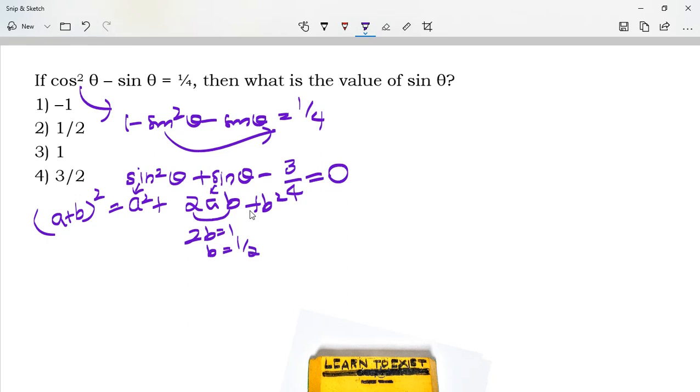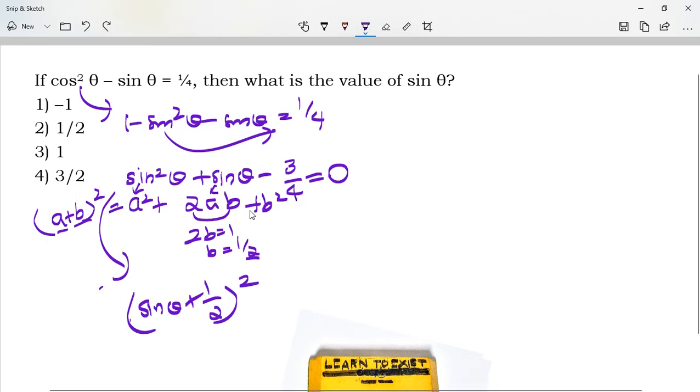Okay, so remember this one, I am going to change it into a plus b whole square, where a is sine theta and b is 1 by 2. Sine theta plus 1 by 2 whole square would give me what?